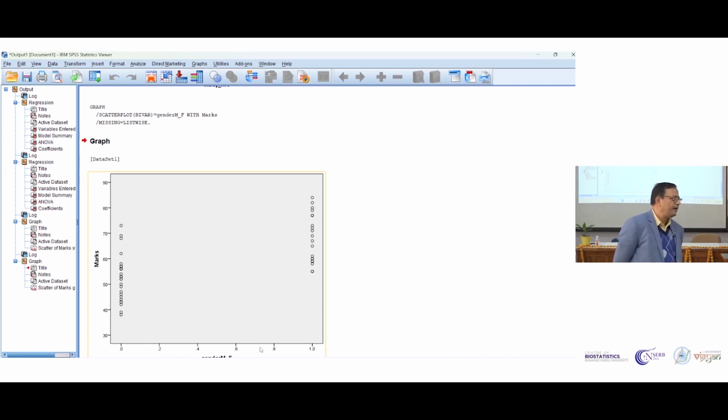And here our aim is to know how x1 and x2 are jointly (in bracket, linearly) affecting y.